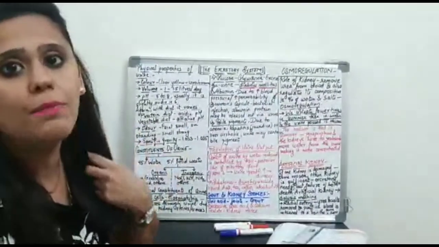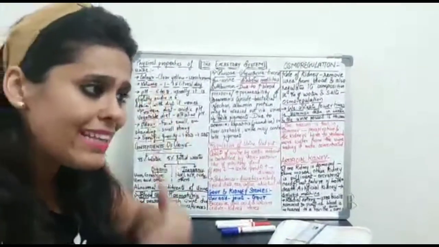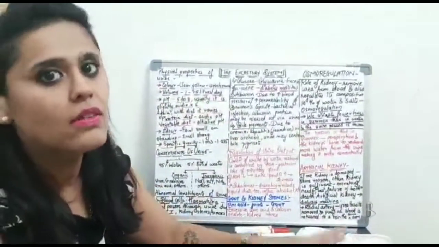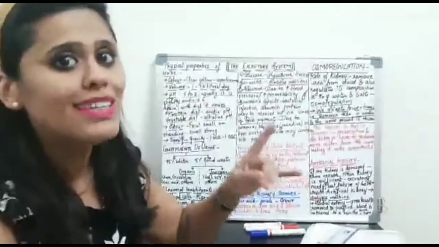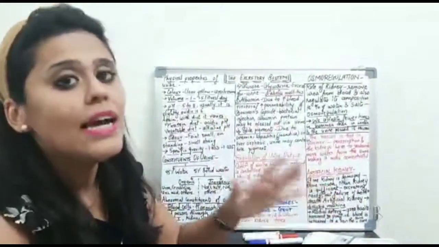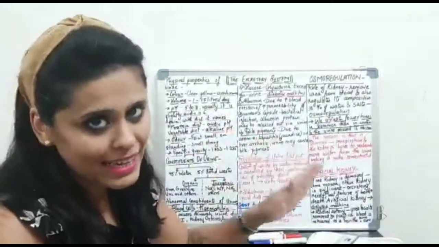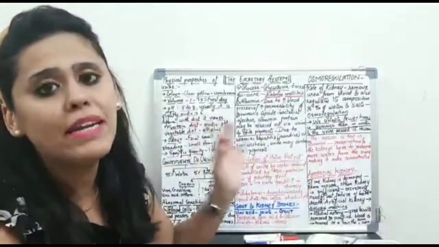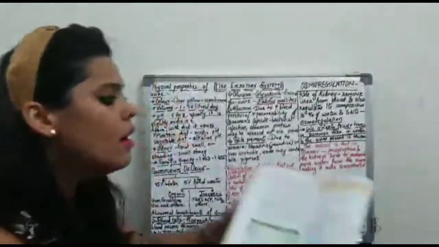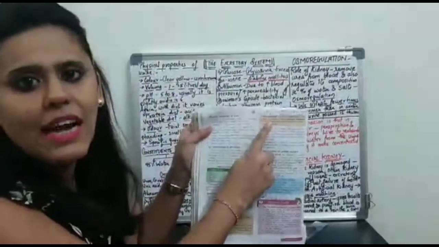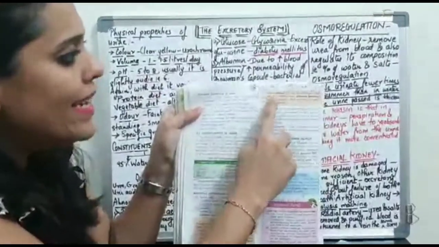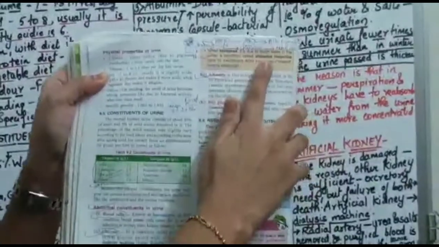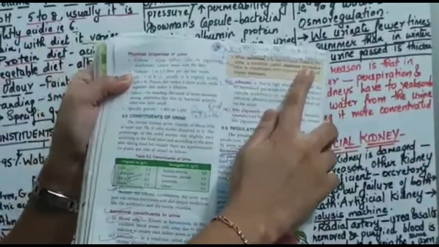But when the person is releasing excess urine and the urine is tasteless, I repeat, when the person is releasing excess urine and the urine is tasteless, then the person is suffering from diabetes insipidus. Your textbook clearly mentions this second condition of diabetes. When tasteless, it is due to much water in the urine, and this condition is called diabetes insipidus.